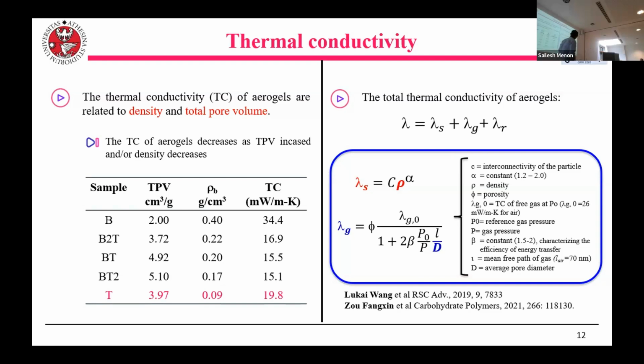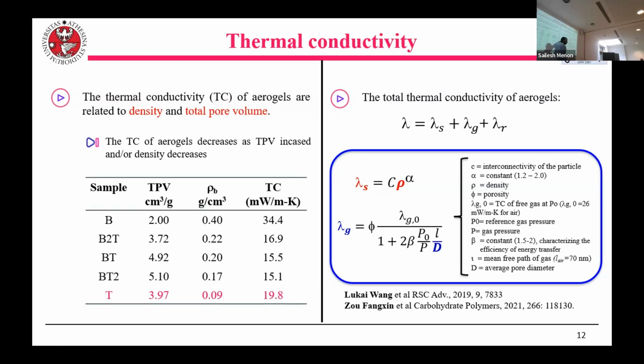Many researchers correlate the thermal conductivity of the solid phase with the corresponding density, whereas the thermal conductivity through the gas phase is more related to the average pore size. Normally, to decrease the thermal conductivity through the solid phase, we have to decrease the bulk density.